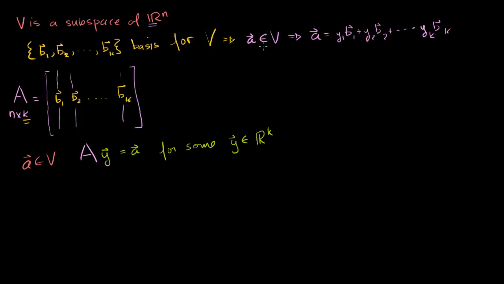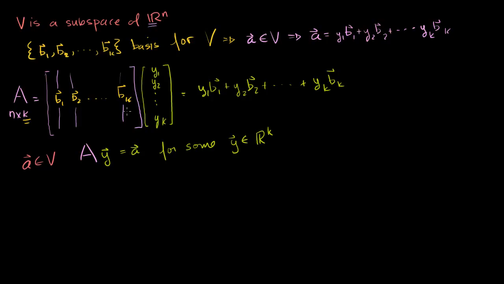Now, why is this statement and that statement equivalent? Well, you can imagine if you were to just multiply this times some vector y in Rk, so it's y1, y2, all the way down to yk, this is going to be equal to y1 times b1 plus y2 times b2, all the way to plus yk times bk, which is the same thing as this.